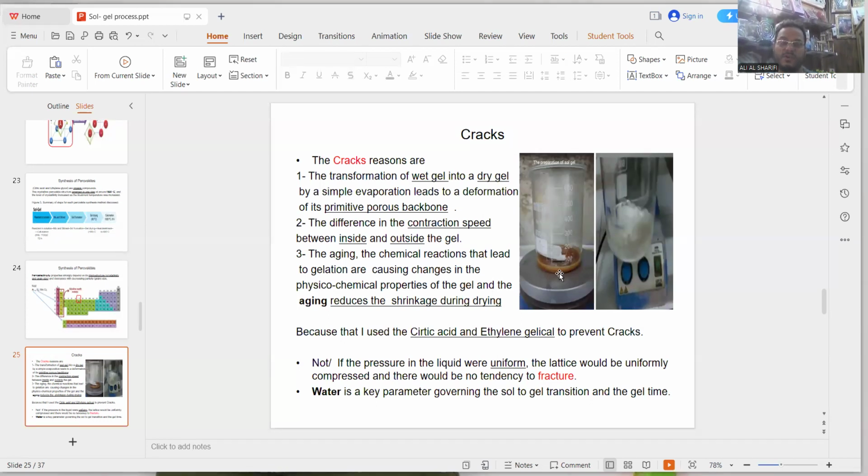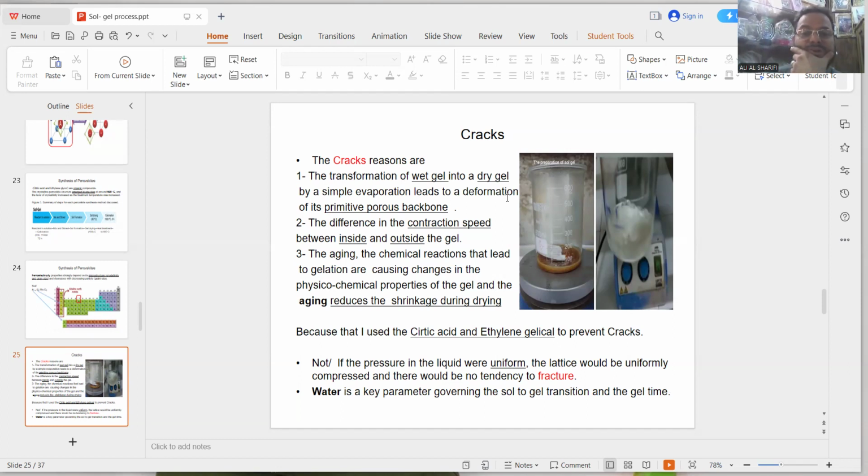The intensity of this liquid increases, so the magnetic fish is hard to turn in this liquid by increasing the temperature more to convert the wet gel to dry gel. Here the cracks will happen because simple evaporation leads to deformation of its primitive porous backbone. Some deformation will happen. This deformation is these cracks.